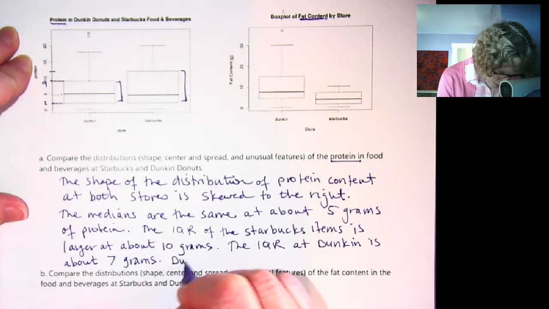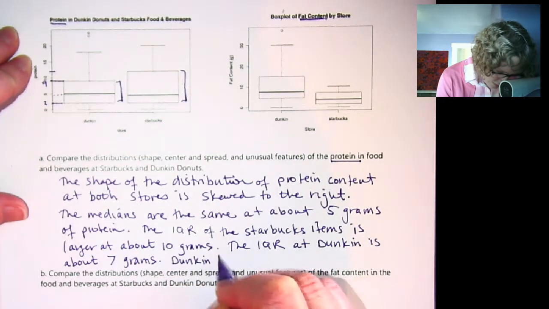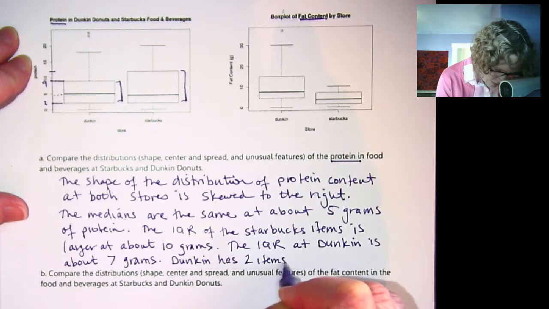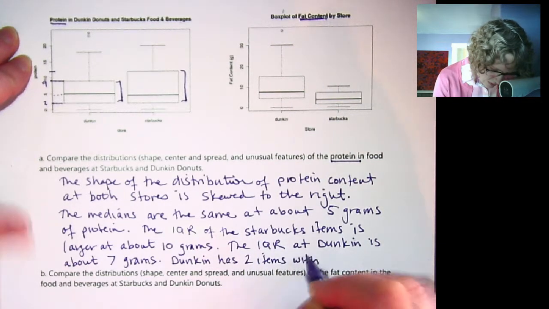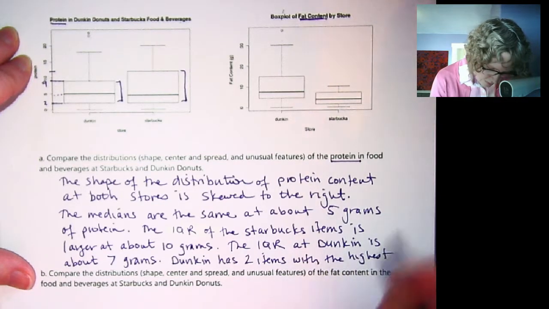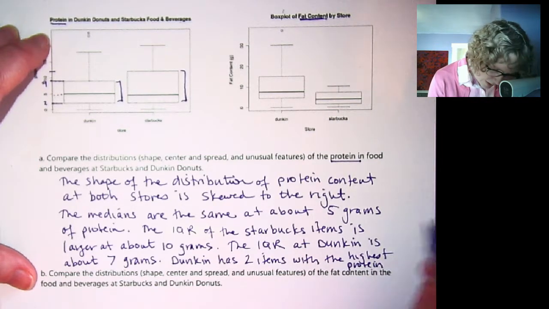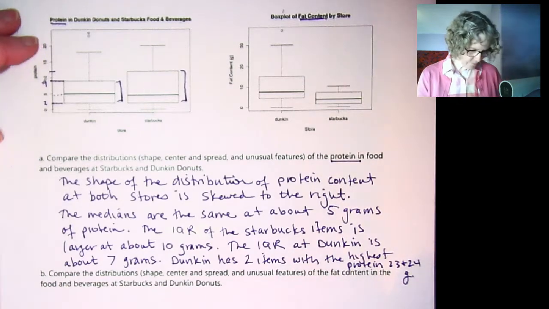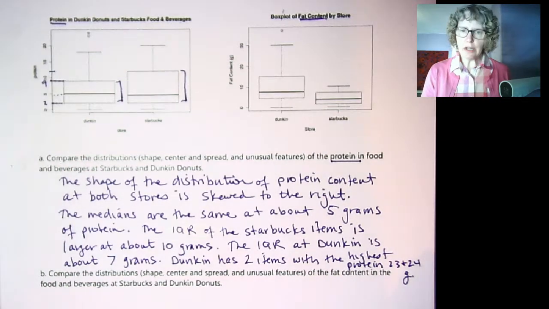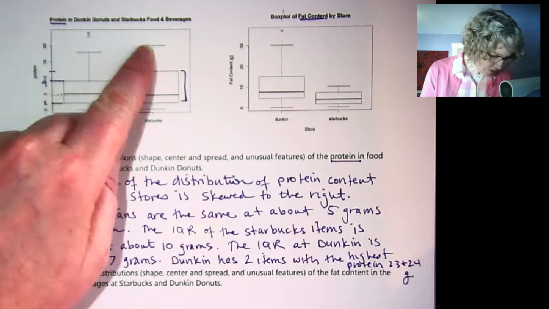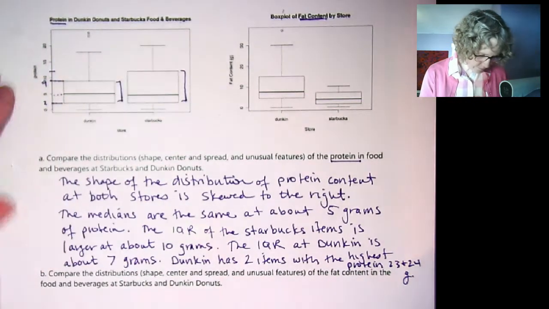Dunkin' Donuts has 2 items with the highest protein. And I'm estimating again 23 and 24 grams. Starbucks doesn't have any outliers, but their highest is about 20.